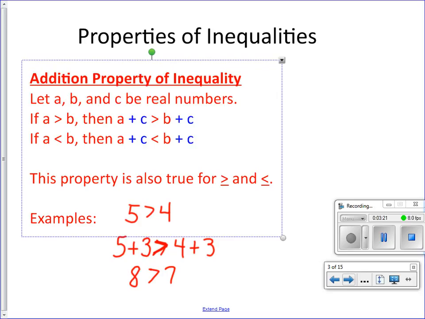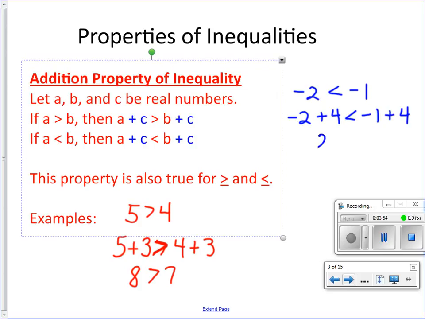Let's take an example for our less than using maybe some negative numbers. All right, so just to make up an inequality, we'll take negative 2 is less than negative 1. We know that is true. Now let's add, let's say add 4 to both sides. So we have negative 2 plus 4 is less than negative 1 plus 4.